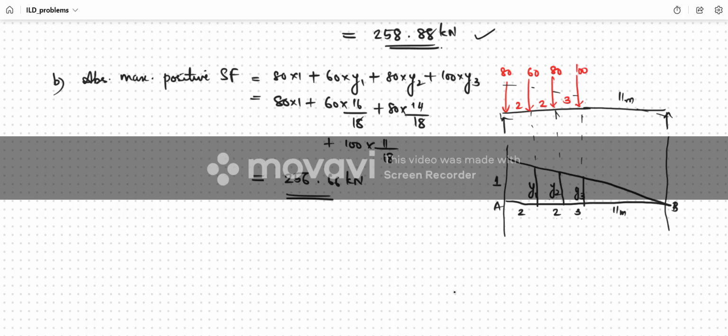And y1 is 1, isn't it? The last one is 1, and y1 is 16 by 18. Substituting all the ordinates, the final value is 256.66 kilonewton. So this is regarding the absolute negative and positive shear forces. Absolute maximum values are found.